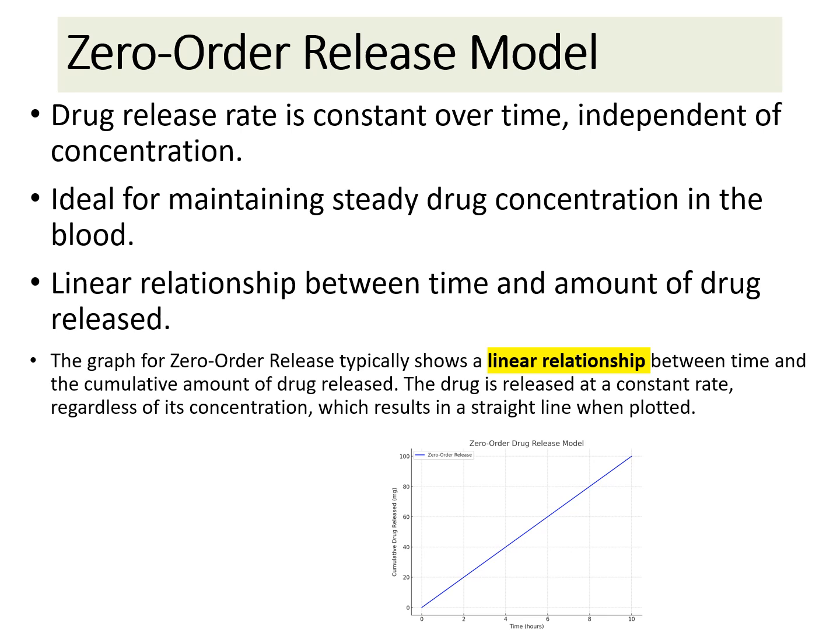The present graph for zero order release shows a typical linear relationship between time and the cumulative amount of drug release. The drug is released at a constant rate regardless of its concentration, which results in a straight line when time is plotted against the drug released. So every time interval you will get the same amount of drug release.